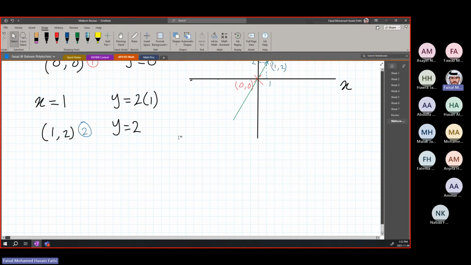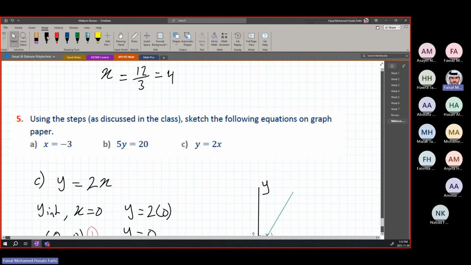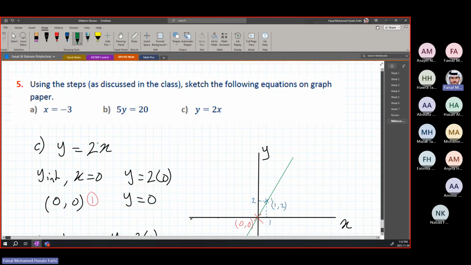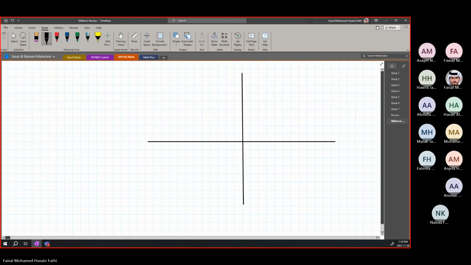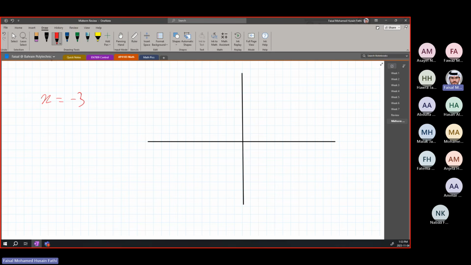Okay. Just to cover these points quickly as well. If we have, let's say, x equal -3. For x equal -3, you go to the x-axis, you go to -3.